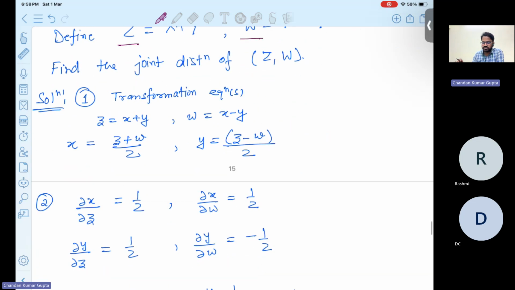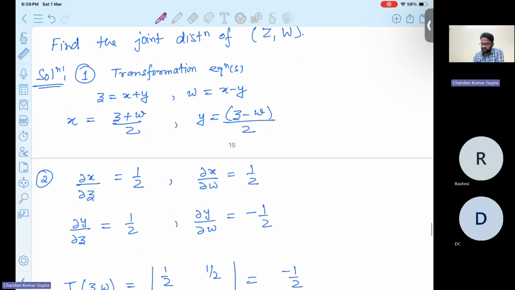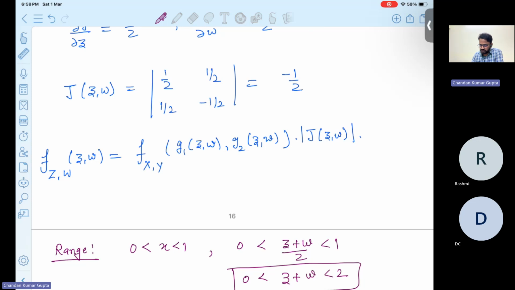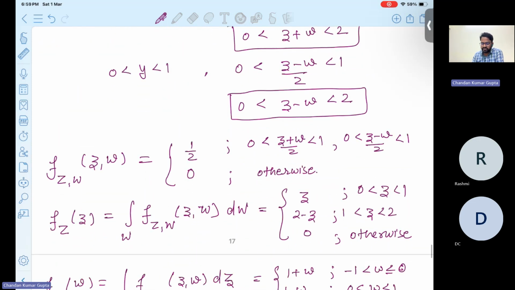First we check whether the transformation follows the two assumptions, and we found that it does. So we can directly use the theorem discussed above, and with its help we find the joint PDF of the transformed random variables z and w.